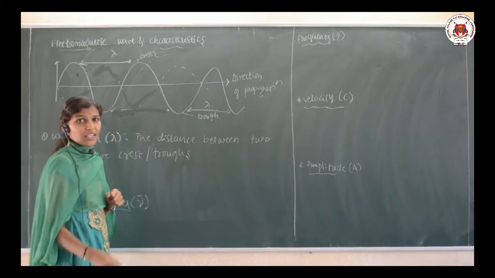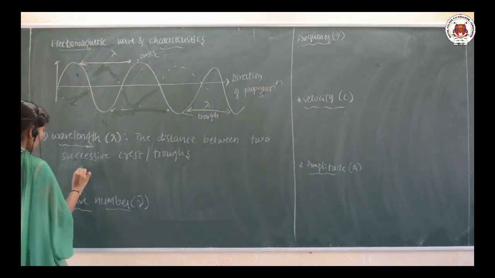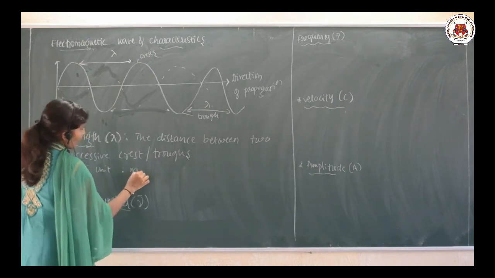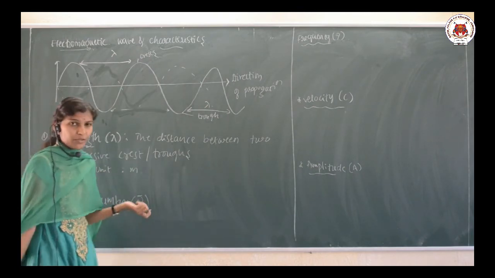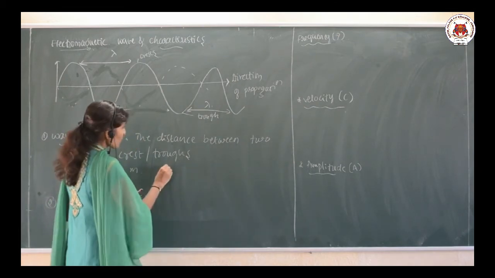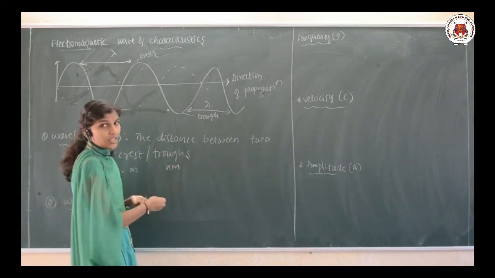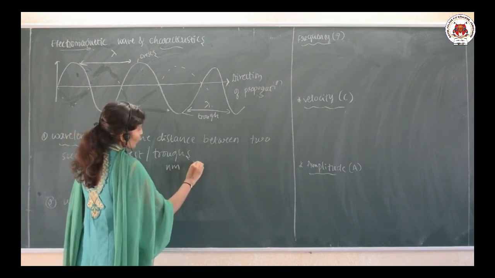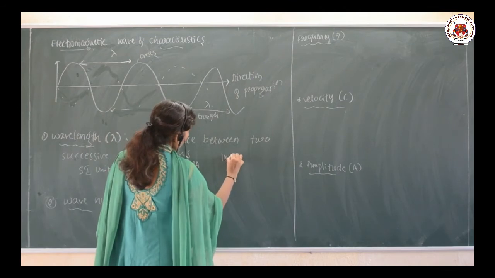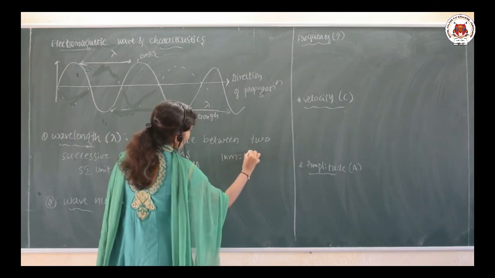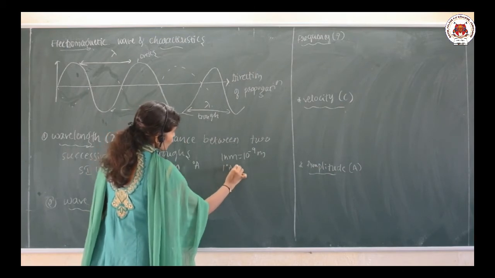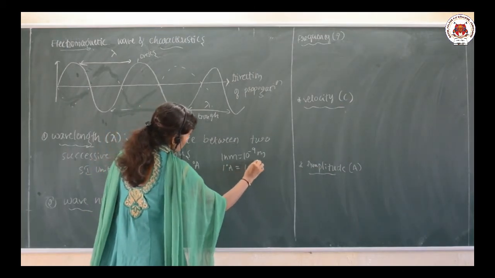The SI unit of wavelength is meter. It means wavelength can be represented in meters, or in nanometers, or in angstroms. 1 nanometer equals 10 to the power minus 9 meter, and 1 angstrom equals 10 to the power minus 10 meter.